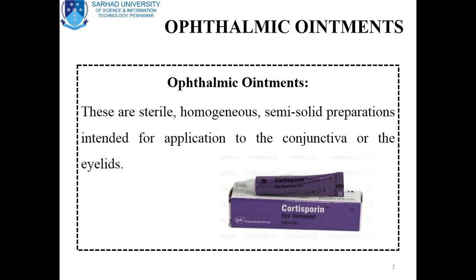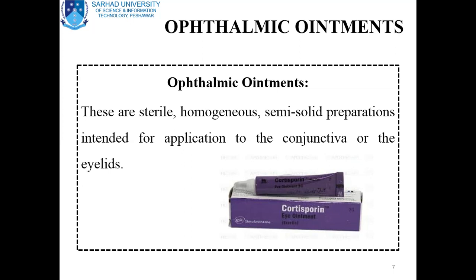In case of the ophthalmic ointment, it should be free from viable microorganisms, should be sterile, should be homogeneous, and is a semi-solid preparation or dosage form intended for application to the conjunctiva or the eyelid.